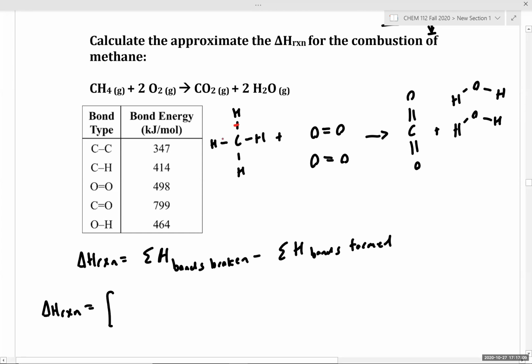Carbon-hydrogen bond, yep. And how many of them are there? So we have a bond enthalpy of 414 kilojoules per mole, and we're breaking 4 total carbon-hydrogen bonds. Perfect. What other bonds are we breaking?